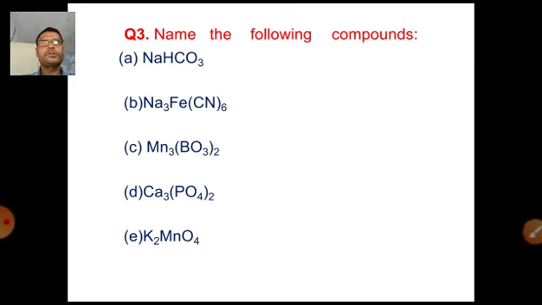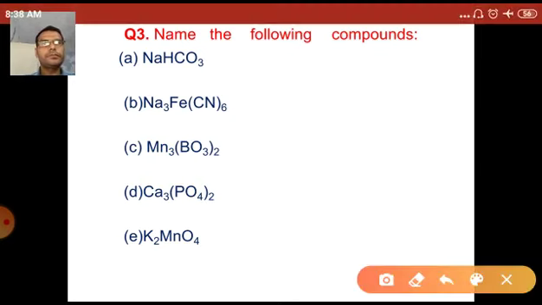Now the next question. Question number 3, name the following compounds. Here the molecular formulas of some compounds are given and we write the names of these compounds. First, A number, NaHCO3.